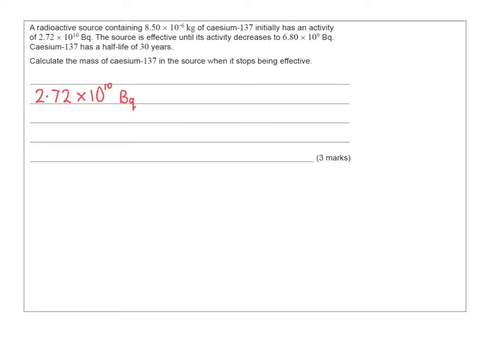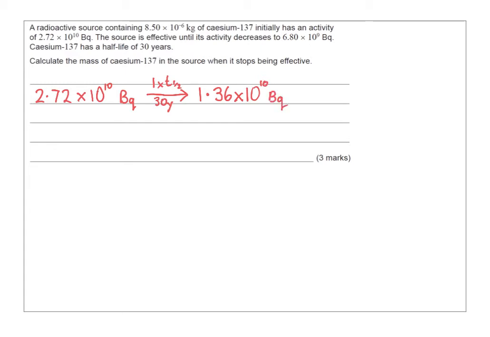Now, after one half-life, which in this case would be 30 years, that would fall to half that amount, which would be 1.36 times 10 to the 10 becquerel.